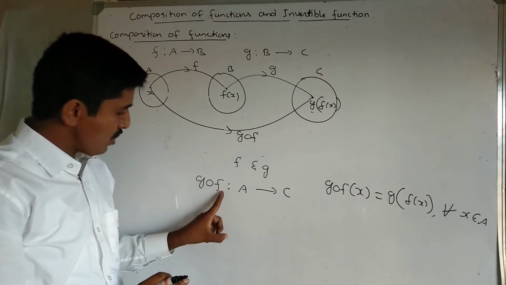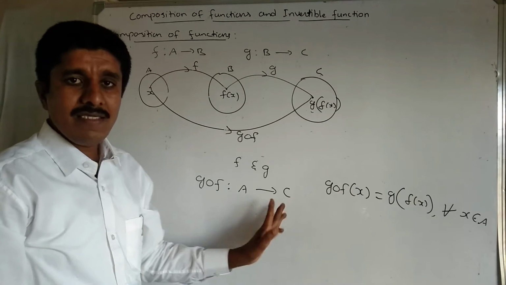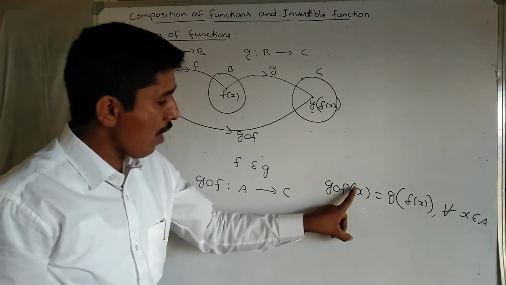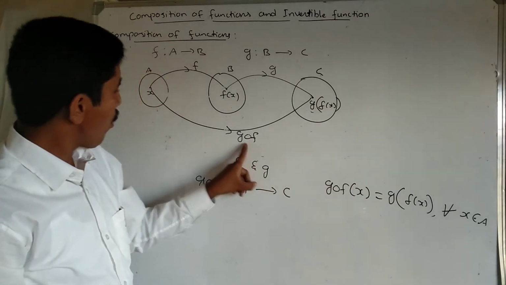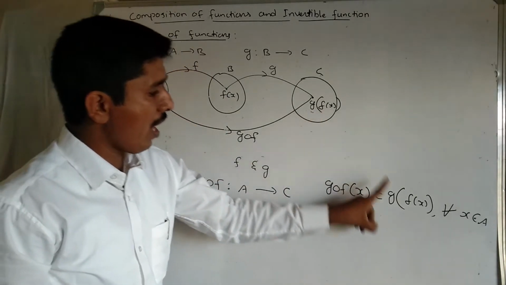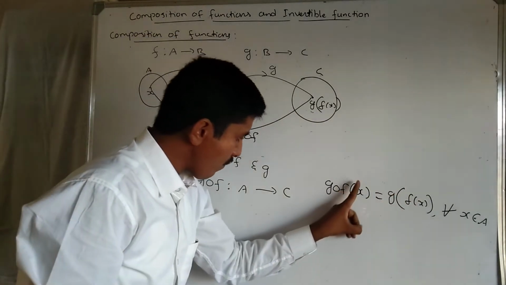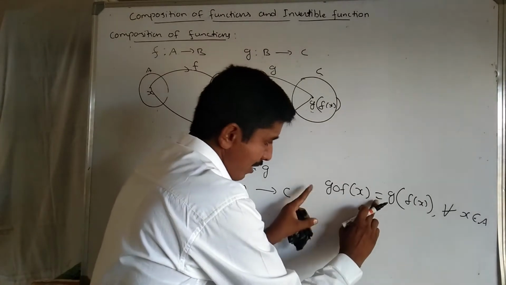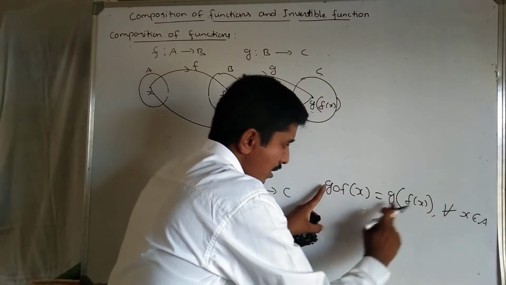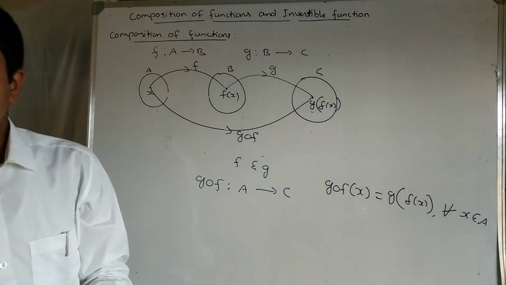The domain of g o f is set A and the codomain is set C. It is defined as g o f of x, equal to g of f of x, for all x belonging to set A.